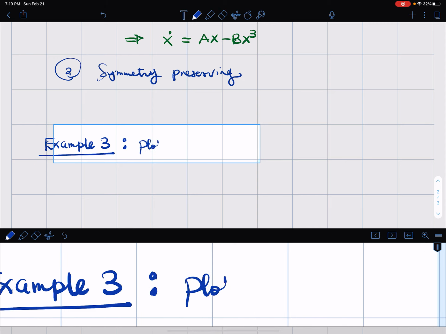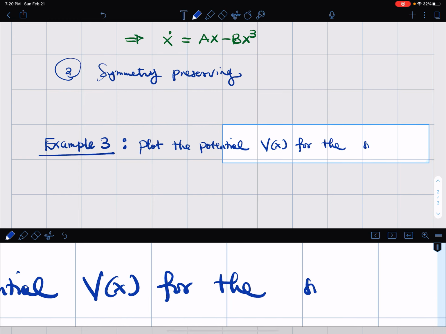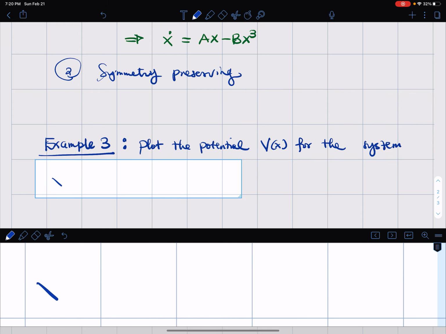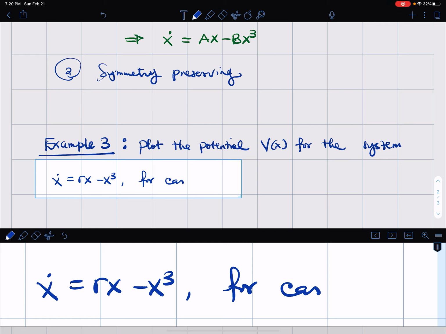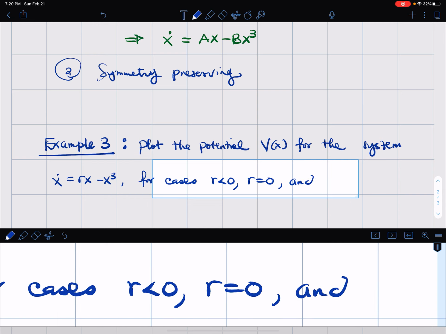So this example is to plot the potential V of x for the system x dot is equal to rx minus x cube for cases r less than 0, r equal to 0, and r greater than 0. Okay?